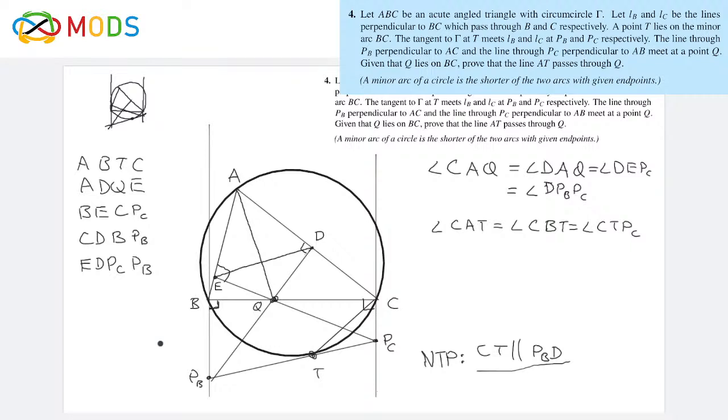It'd also be done, I think, if you proved AQ perpendicular to PBPC. Or AT perpendicular to PBPC. But aren't those essentially equivalent, right? I don't know if the first one is. Oh, AQ perpendicular to PBPC. Maybe it is.